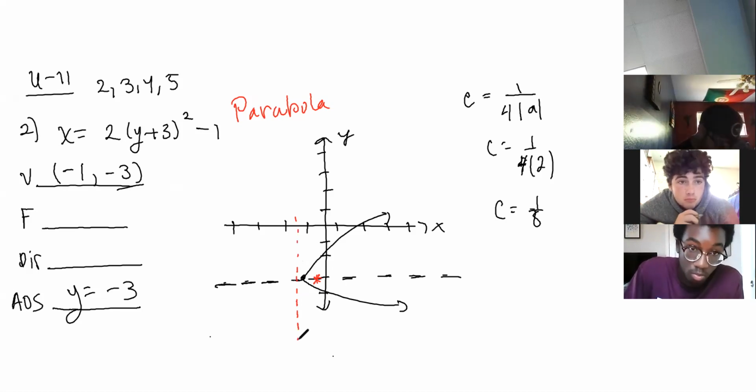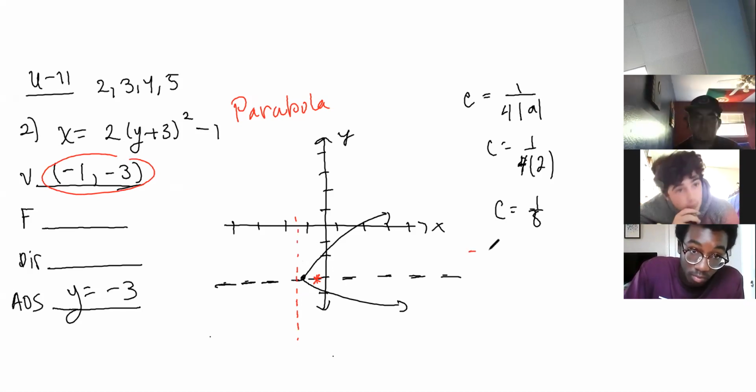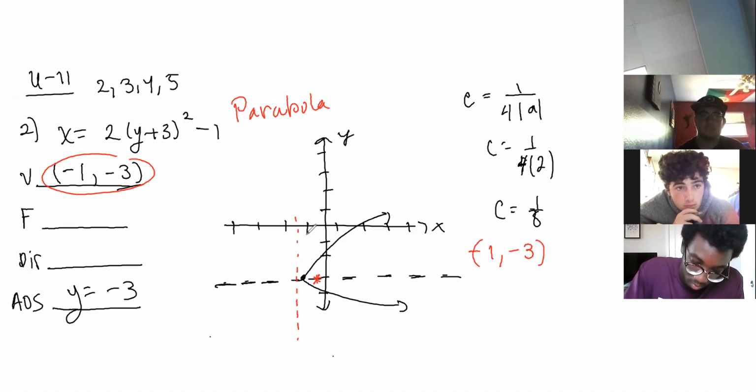Okay, what was the vertex? Because that's what's going to change. What was the vertex to begin with? -1, -3. And when I move right and left from this vertex, which value is changing, the x value or the y value? The x value. Okay, so the -1 is what's going to change.